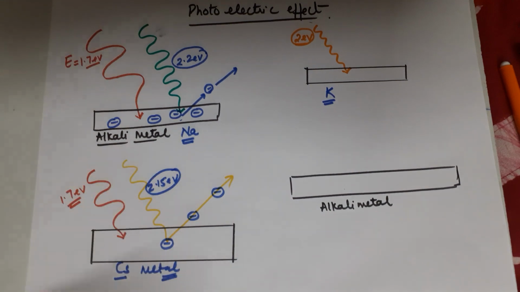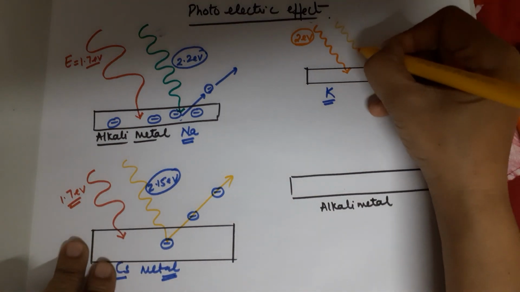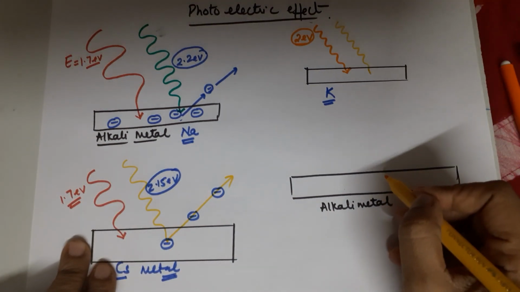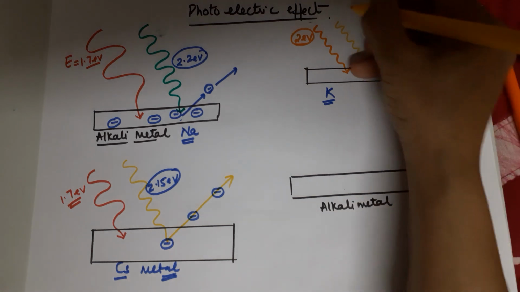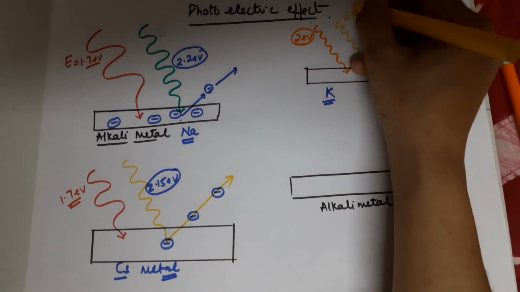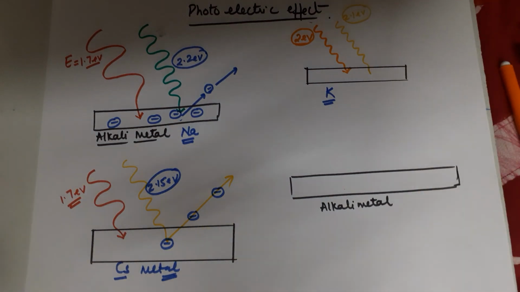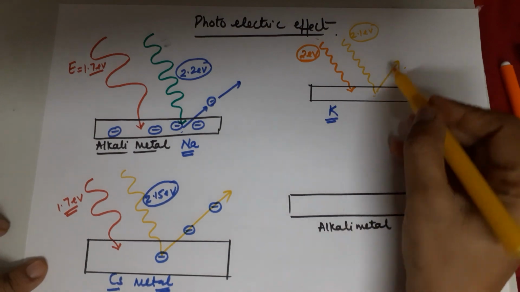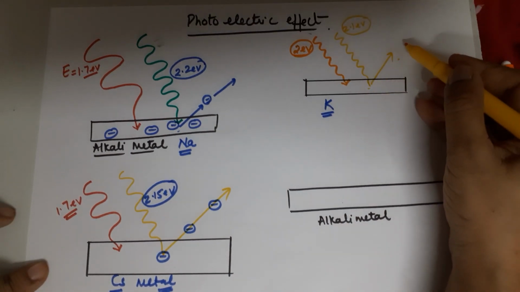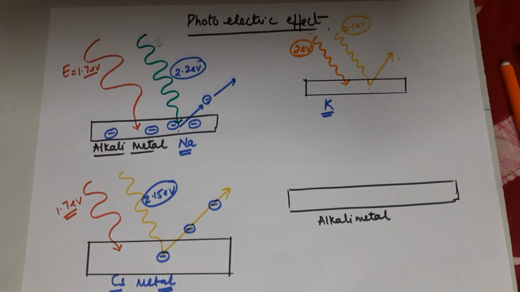But with the yellow light, what energy does it have? Yellow light's energy is 2.1 electron volts, and it was found that with 2.1 there is an electron ejection, which means potassium में से electron निकालना is easier than that of sodium, which is true क्योंकि potassium का size बड़ा है तो electron can easily be lost.